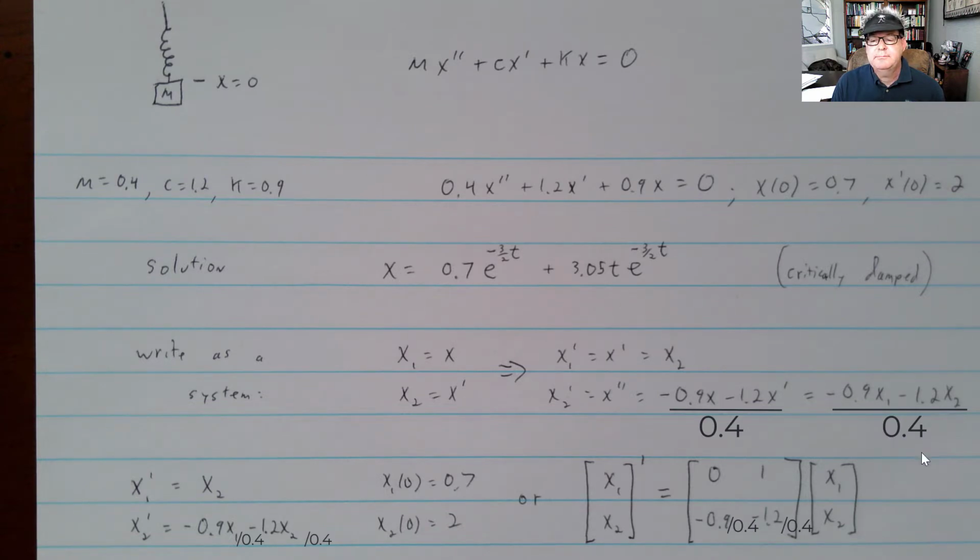As a system, if x1 is x, and x2 is x prime, then if you take the derivatives, x1 prime is x prime, which was defined as x2. x2 prime is x double prime, and if you solve for x double prime right here, it would be this, but x and x prime we know are x1 and x2, so you get the system.